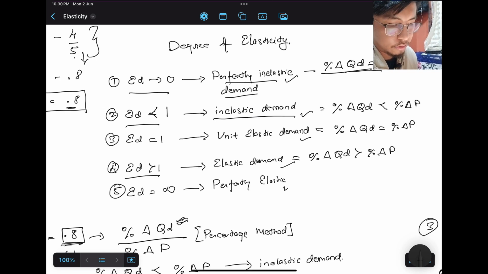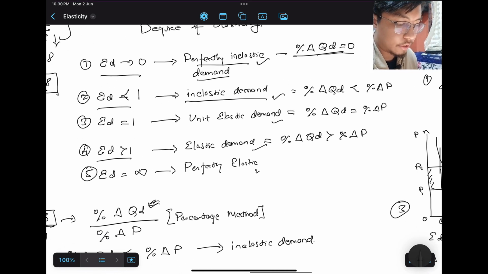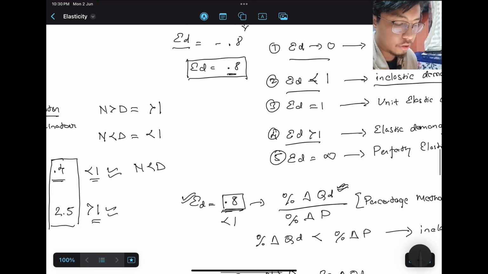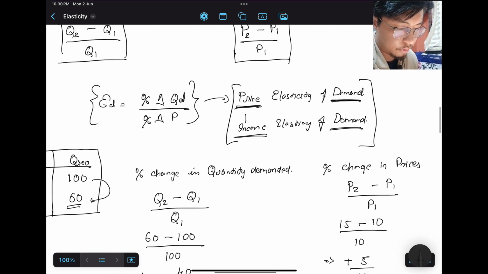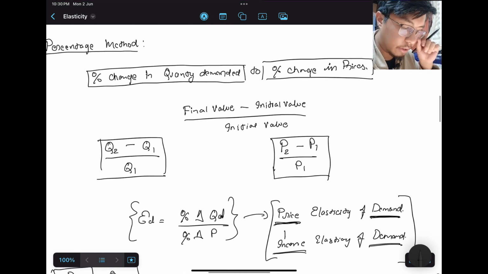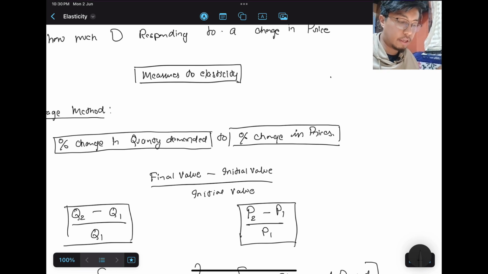Okay, so perfectly inelastic demand, unitary elastic demand. Fine. So how you can understand this is, if you have to form a mental map. See, elasticity is the degree of responsiveness of a change in one variable to a change in another variable.